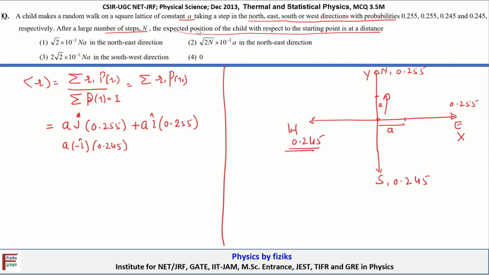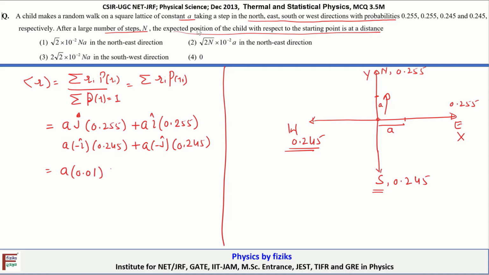Now the only direction left is the south direction. Again the step size is the same, and it is along the negative y direction, so multiply by minus j and the corresponding probability, 0.245.